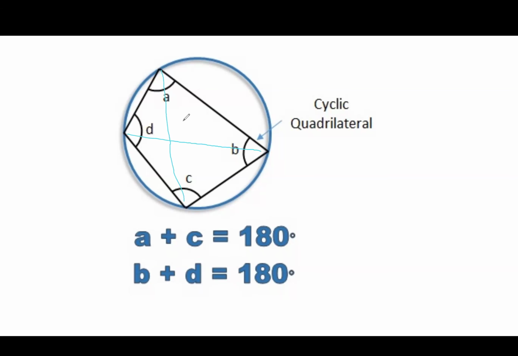So Amanat has said that A plus B plus C plus D equals 360. Yeah, so that's true, but can you show that A plus C equals 180? We could cut the circle in half through the D and B points.